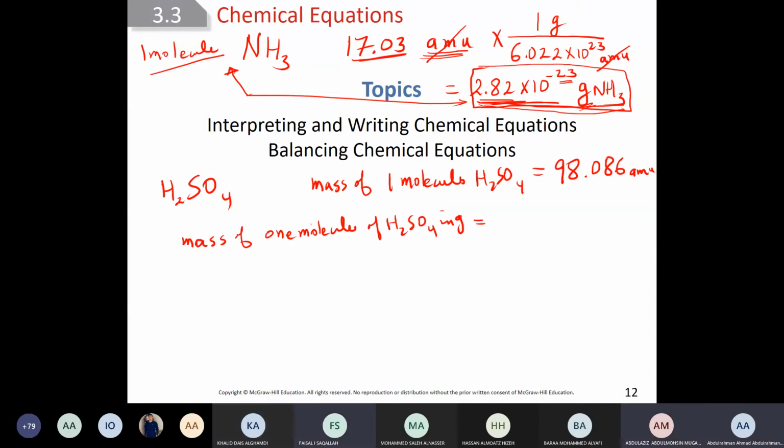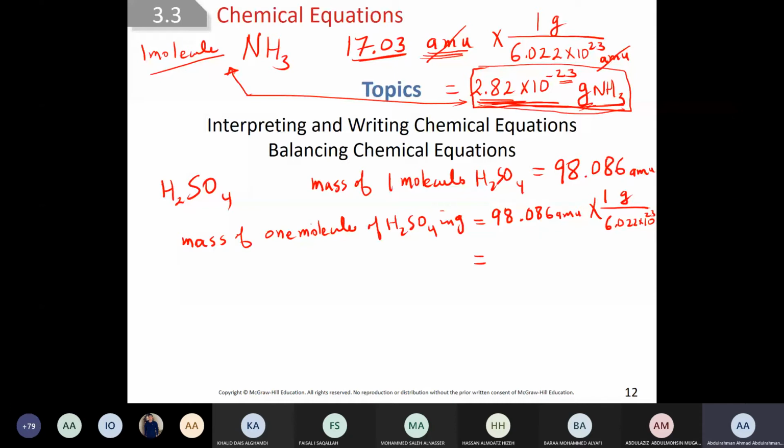Divide by Avogadro's number. It's the same number, 98.086. What's the unit? AMU, and change to gram. How? Multiply by 1 gram, divide by Avogadro's number in AMU, by 6.022 times 10 to the power 23.